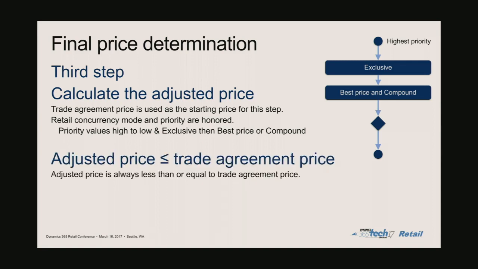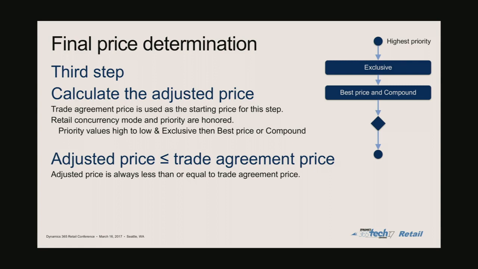A couple things. Adjusted price is always less than the trade agreement price. I think we've since been able to block this mostly in the UI, but if the calculated adjustment price is higher than the trade agreement price, because you got a negative in there somehow, or it was a category, there's a couple odd ways you can get there, we won't use it.